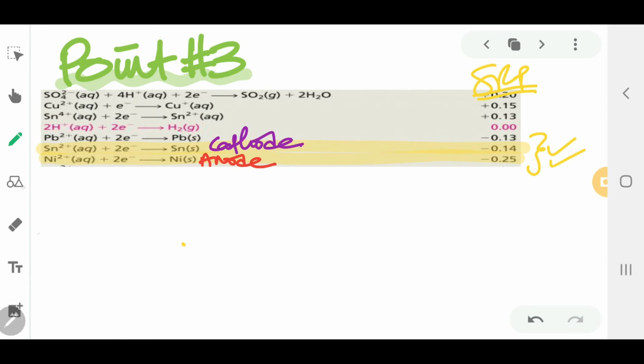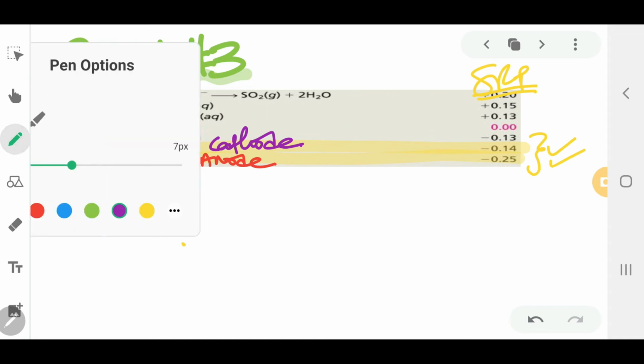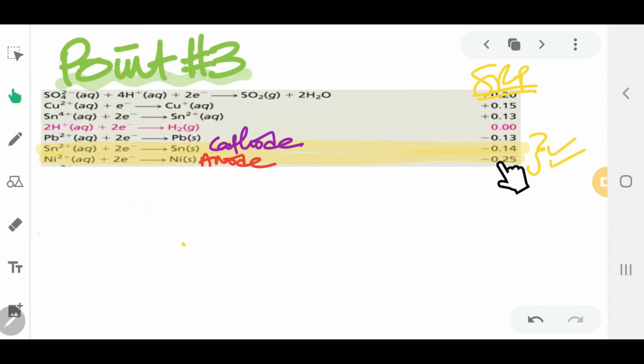Why? Because the value that you have in here, for the nickel reduction process is more negative in value for the SRP if you compare with tin.